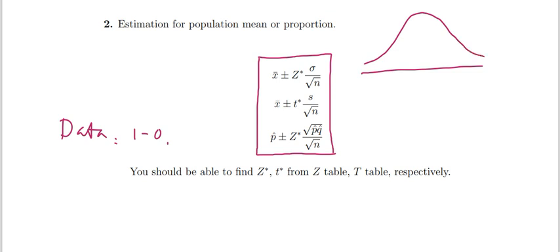So let's say, for example, we want to find a 90% confidence interval. So here's 0, right? This is Z star or T star. Z star means we need to check the Z table and find this cutoff point. For the Z table, the table usually gives us cumulative probability all the way down.